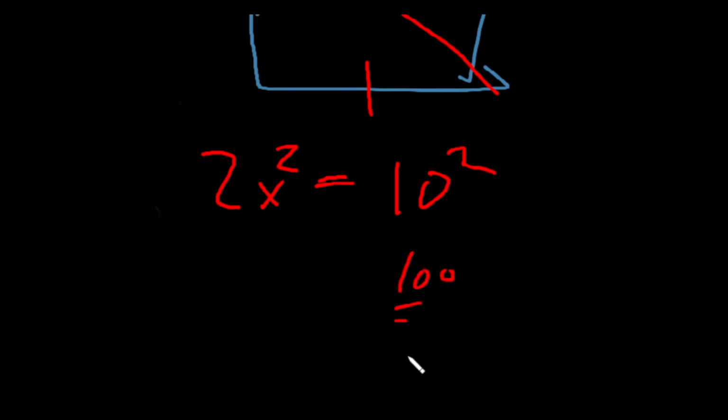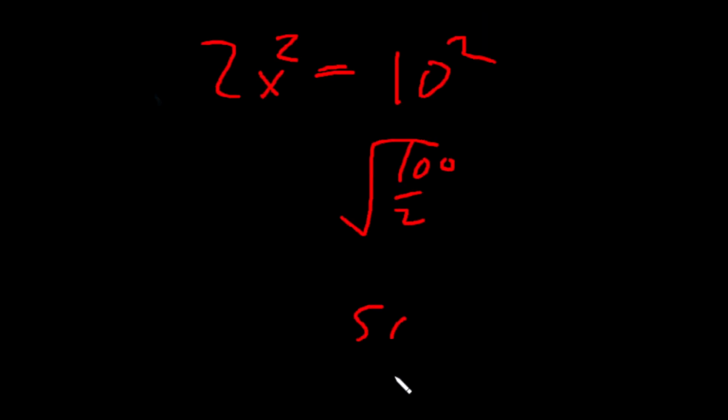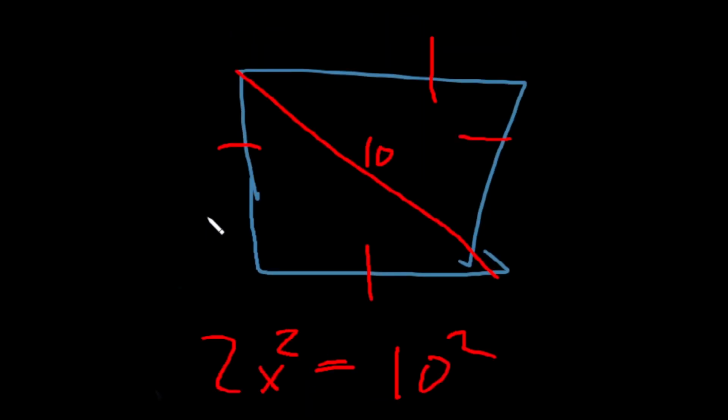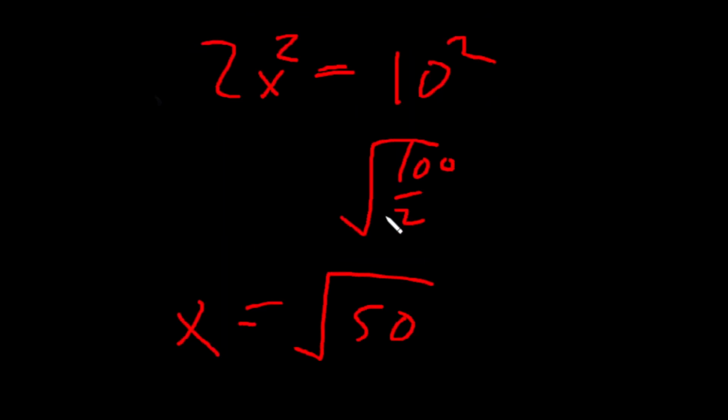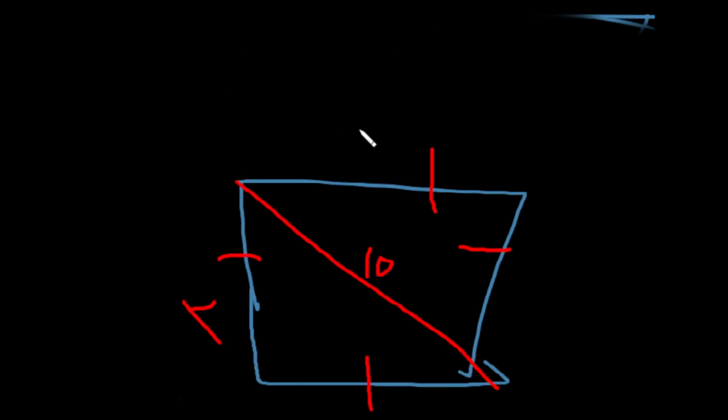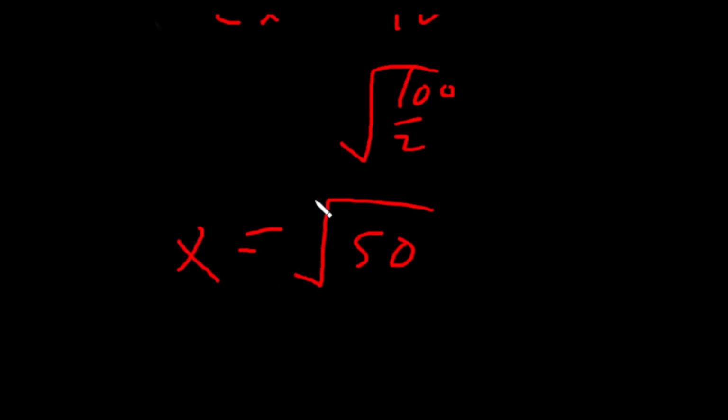So it's 100 divided by 2, square root. That's the square root of 50 equals x, which are the sides. And since the area of a square is A equals x squared, it's just 50.